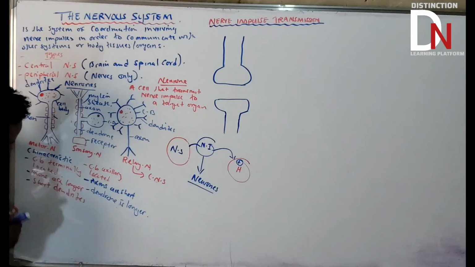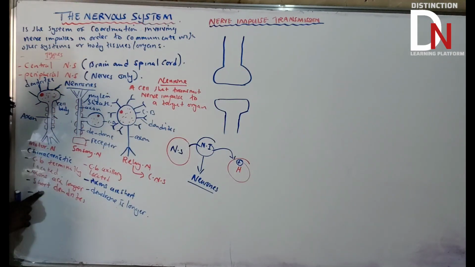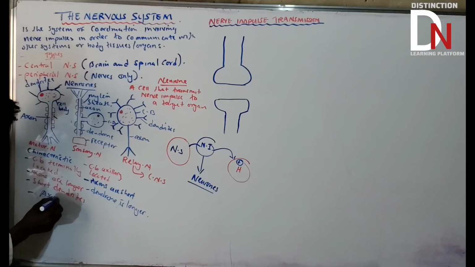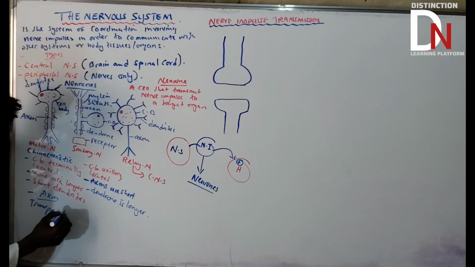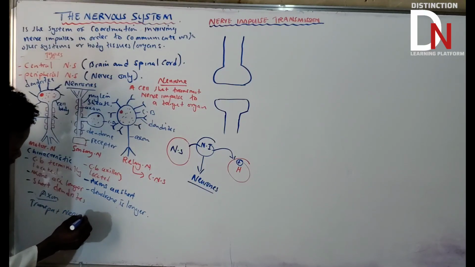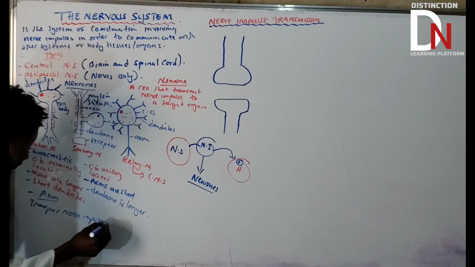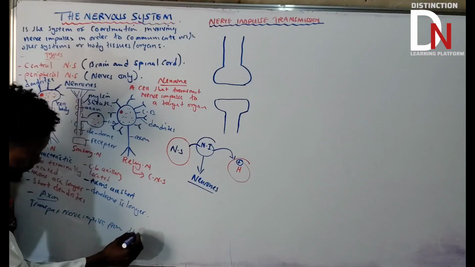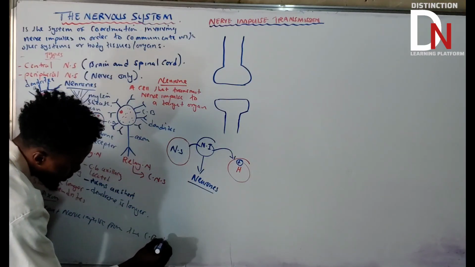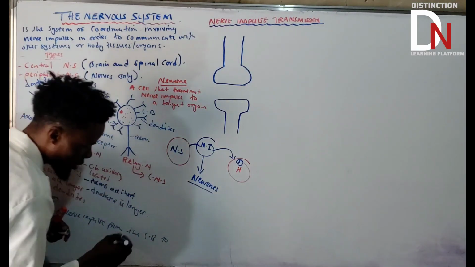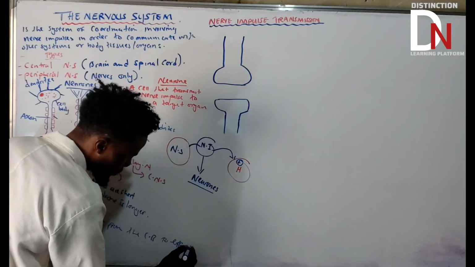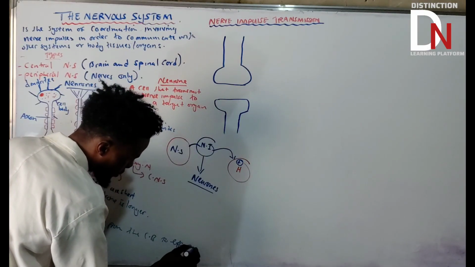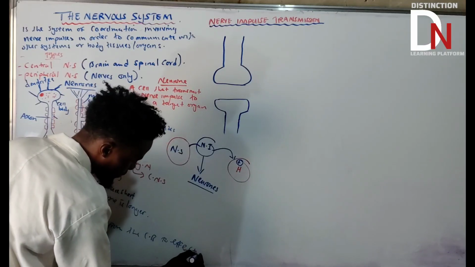So let us write here. What's the function of the axon? What did we say, if you can remember? The function of the axon is to transport nerve impulses from the cell body to the effectors.